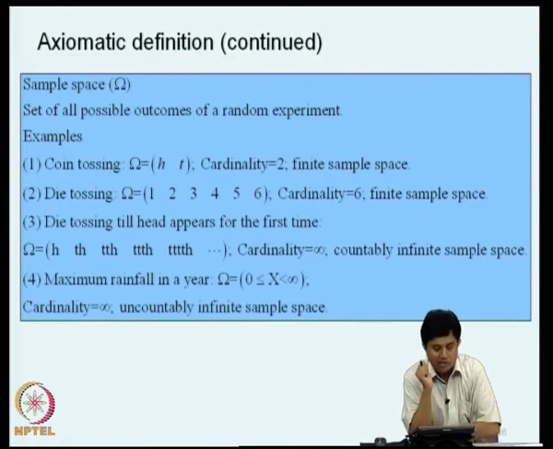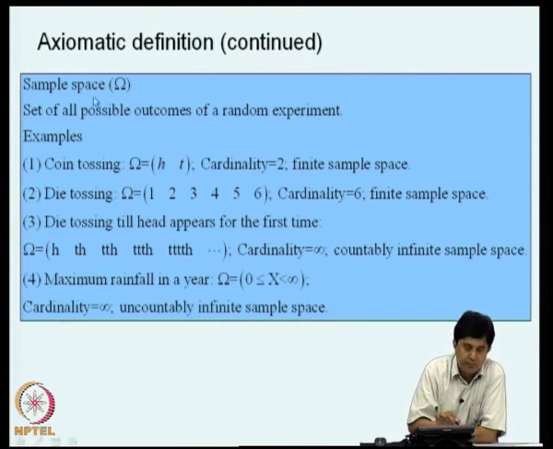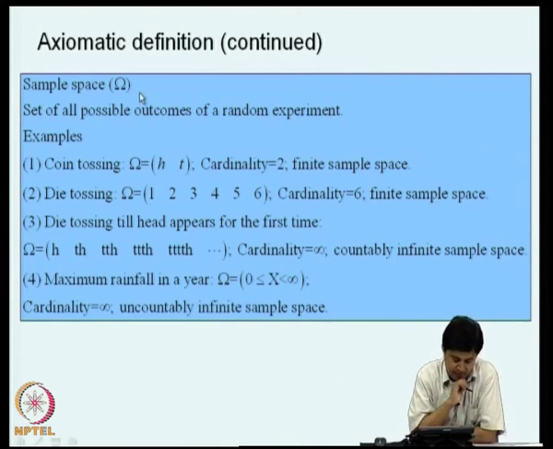We have now talked about a random experiment. We come to the next technical term, namely sample space. Sample space is the set of all possible outcomes of a random experiment. Since the outcomes of a random experiment in any given trial are all known, we assemble them in a set and give it a name known as sample space.